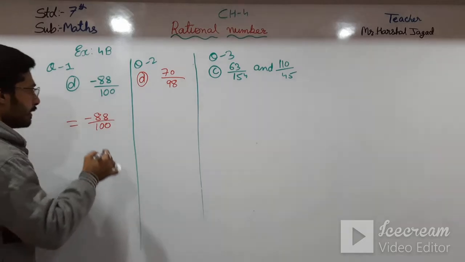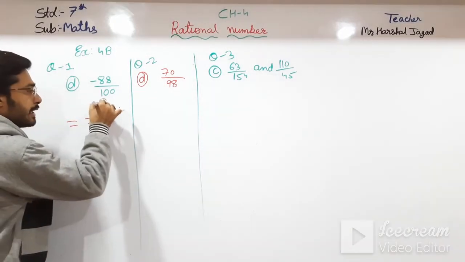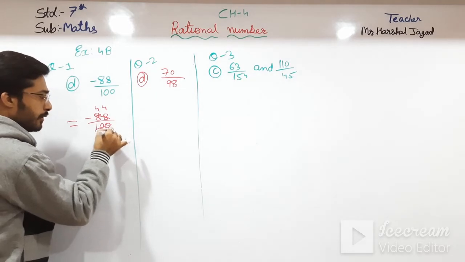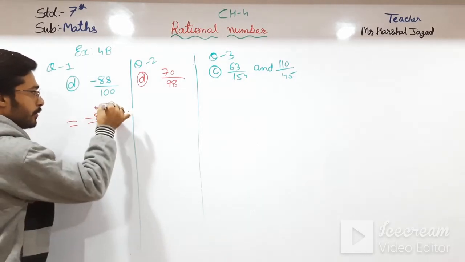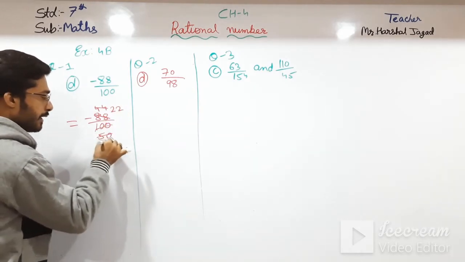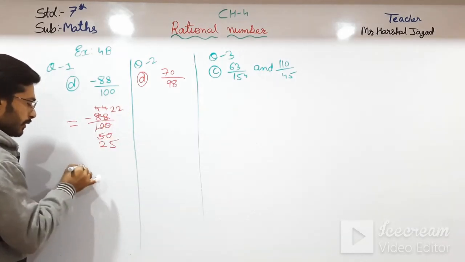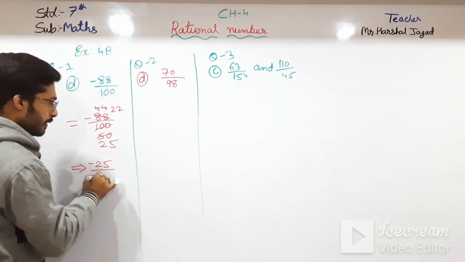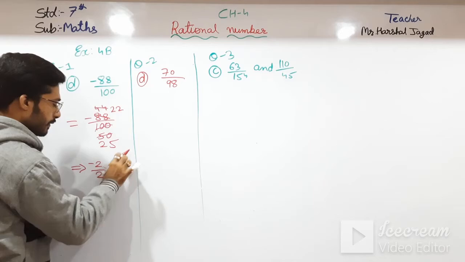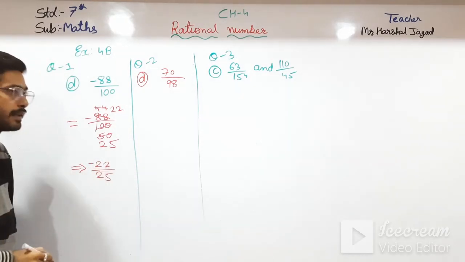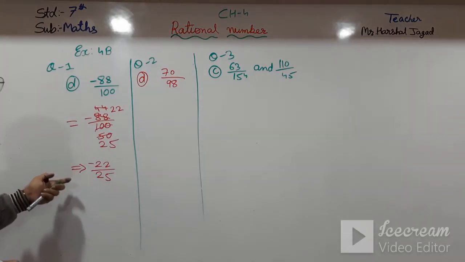See here, 2 4s are 8, 2 4s are 8, 2 5s are 10, 0 as it is. 2 2s are 4, 2 2s are 4, 2 25s are 50. So you can see the simplest form, minus 22 upon 25 is the smallest form or the simplest form of it.